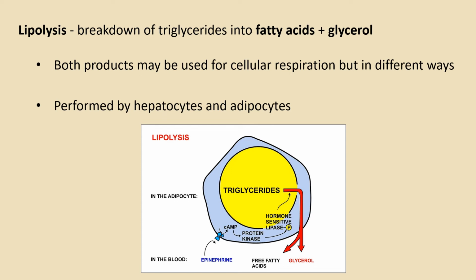Another reason for lipolysis is we need to tap into your fat stores as a source of energy, not just a source of glucose, but also to use those fatty acids to directly make ATP. So glycerol can be used for gluconeogenesis, which can be used to make ATP. Those fatty acids can also be used to generate ATP.